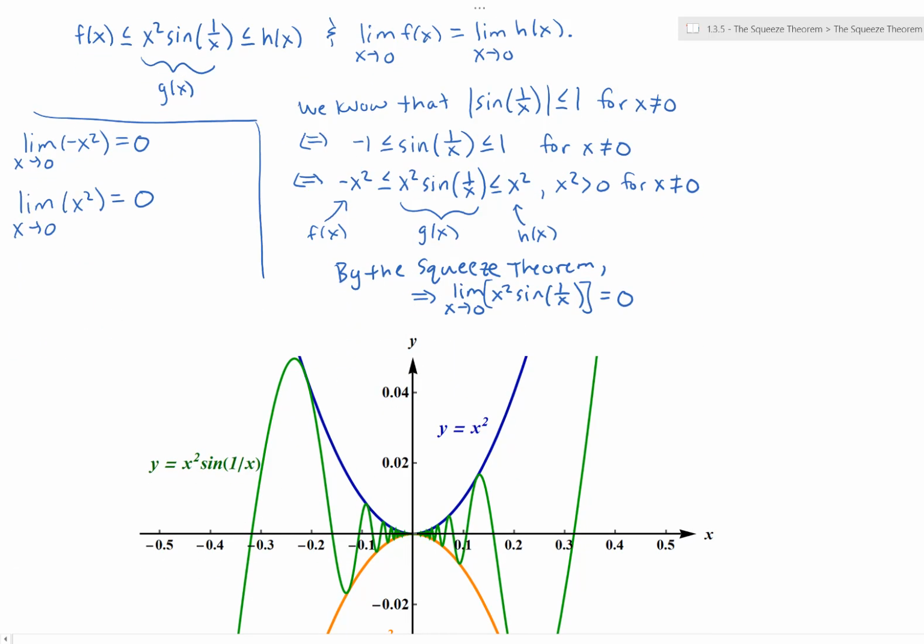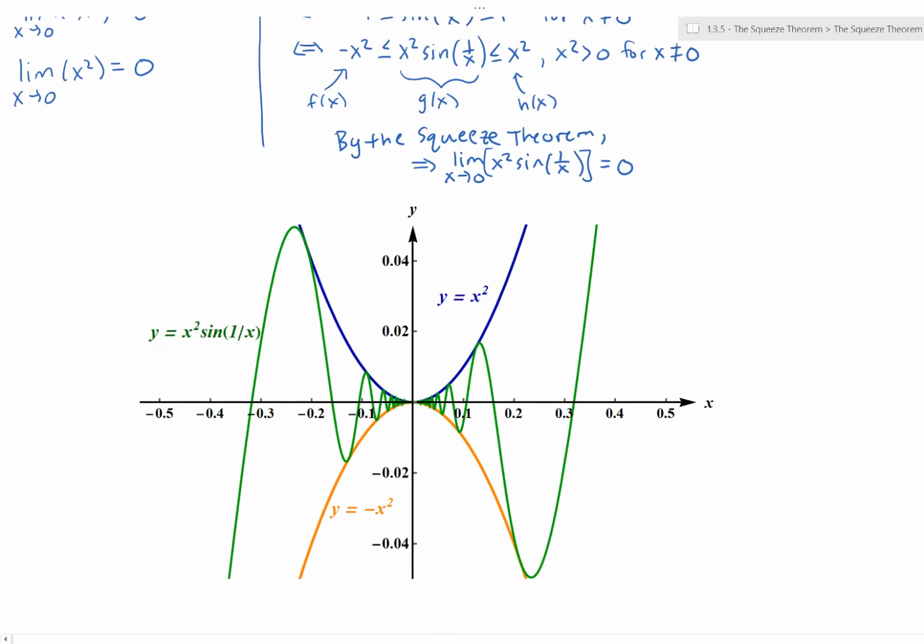Now down here, just to finish the video real quick, here is a graph of the situation. That green graph that we see is our function that we're taking the limit of, x squared times sine of 1 over x. Then we've got the bigger function, the blue graph, y is x squared. And then the lower function, the orange graph, y is negative x squared.